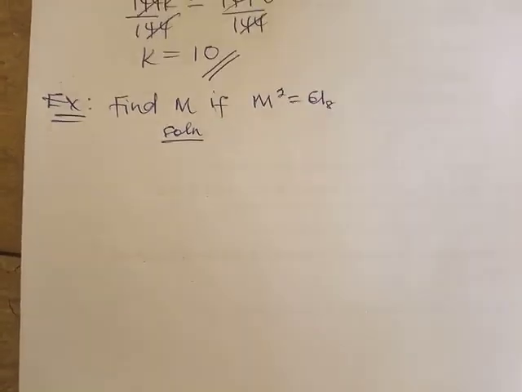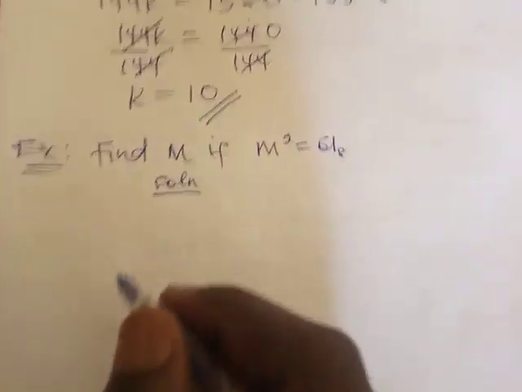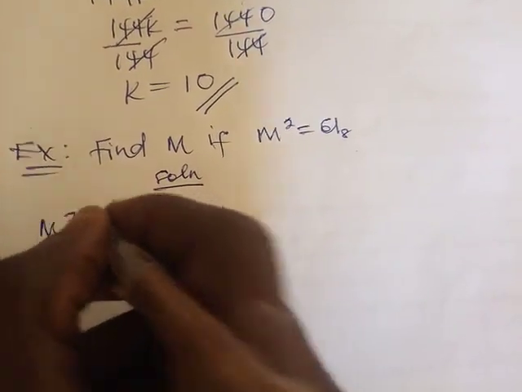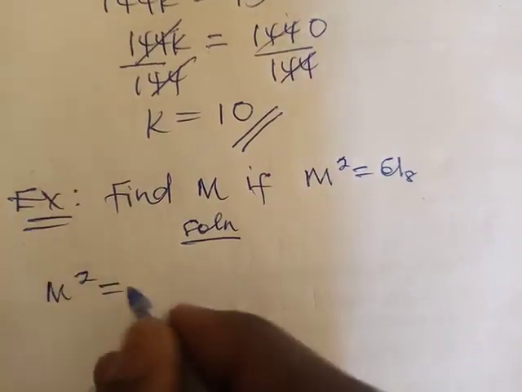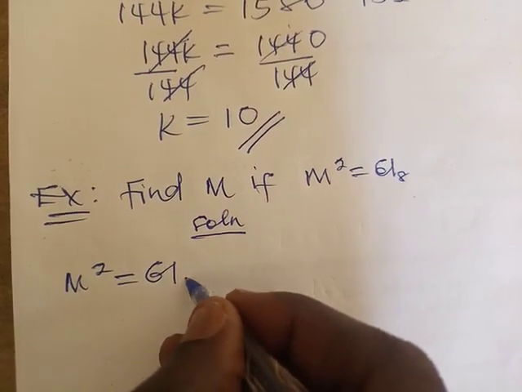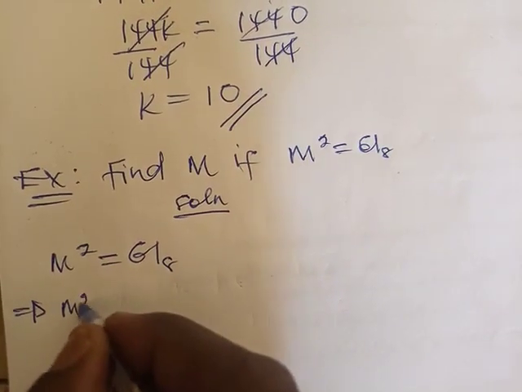Now the next example is we are going to find m if m squared is equal to 61 base 8. So let's go. So given m squared equal 61 base 8, m squared is still m squared.